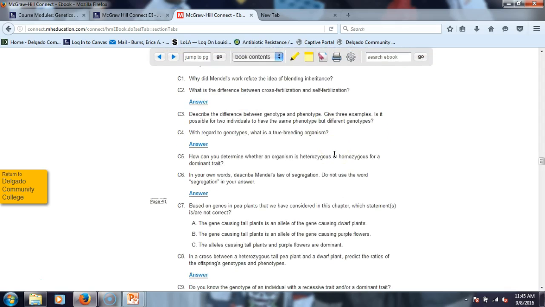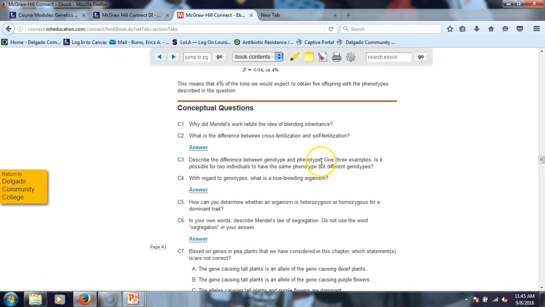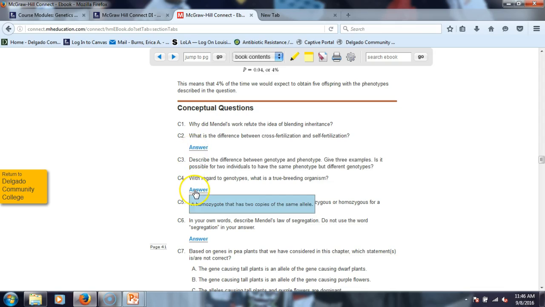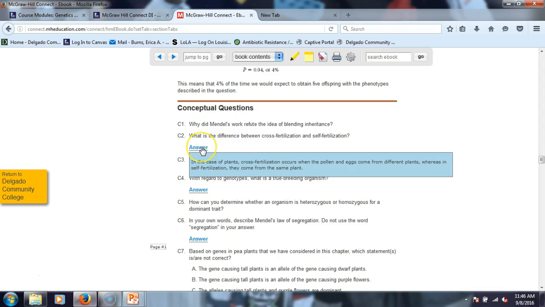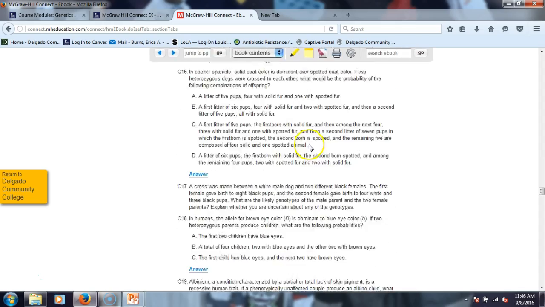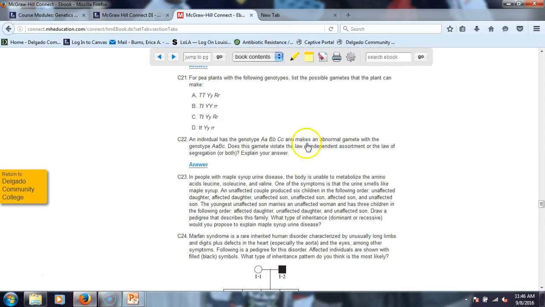But then you have the concept questions. And notice it's every even one they give you the answer. If you're looking at your physical book, by the way, it's Appendix B, where all the answers are written out in the back of your book. With the computer, they can just make links, so you can just click. So there's these conceptual questions, and like I said, you only have the answers to the even.